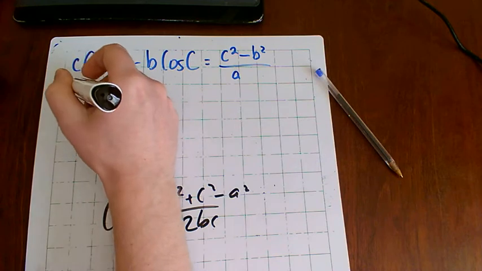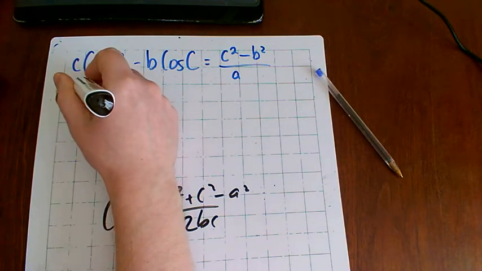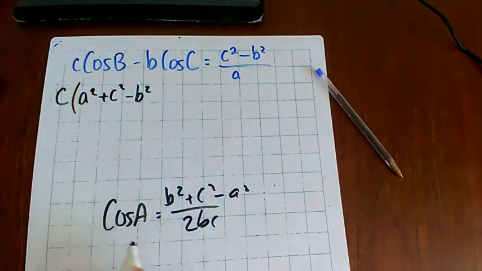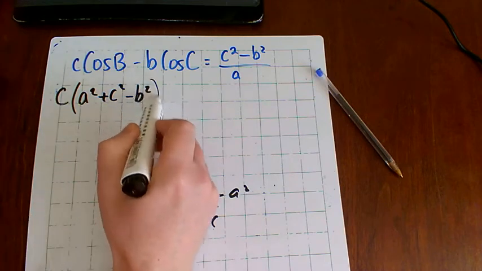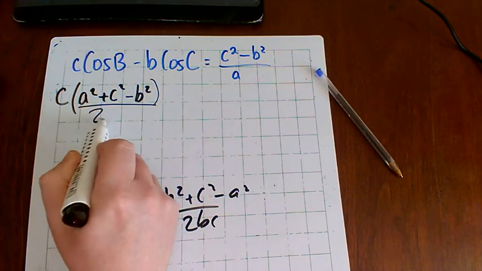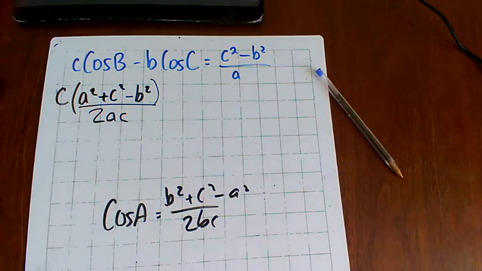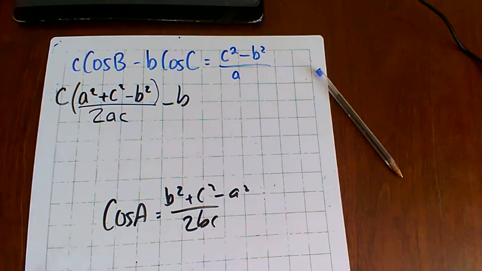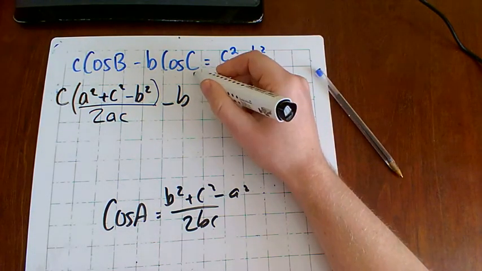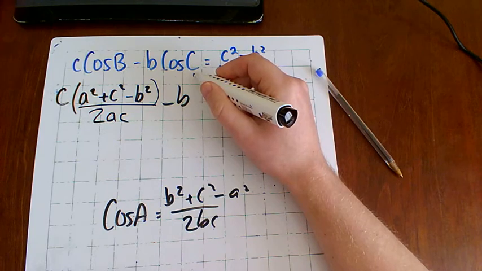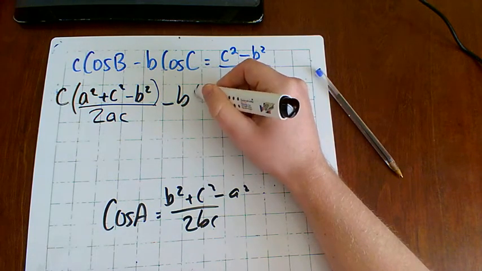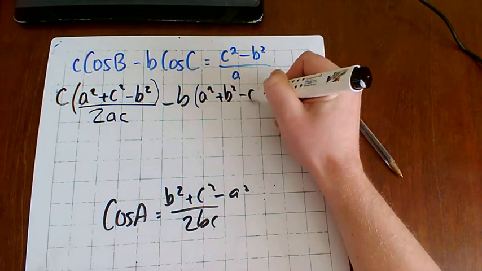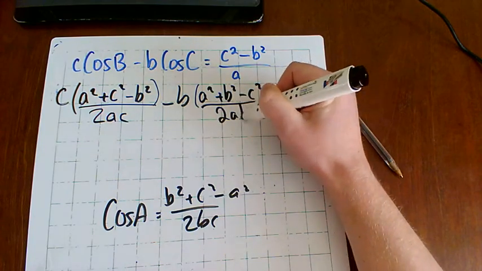So cos B, instead of that, I'm going to put in the other two sides, a squared plus c squared minus the letter. So this is slightly different because it was a here, it's b here, divided by 2ac, minus b times cos C. So cos C is equal to a squared plus b squared minus c squared all over 2ab.